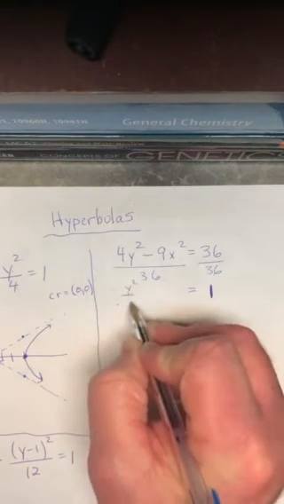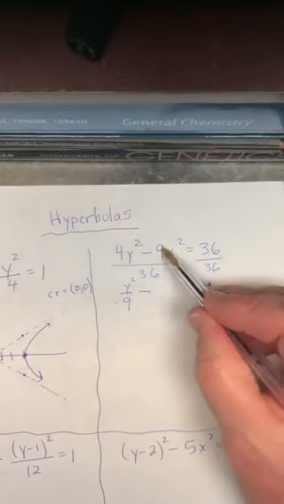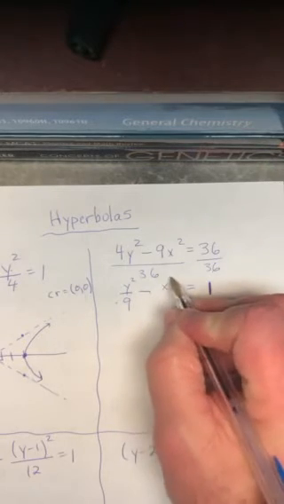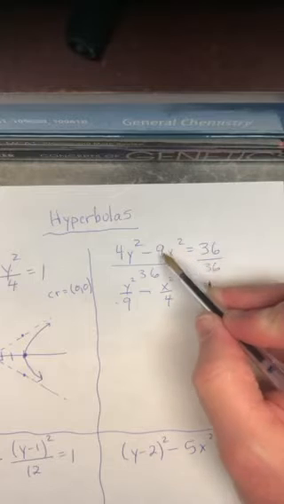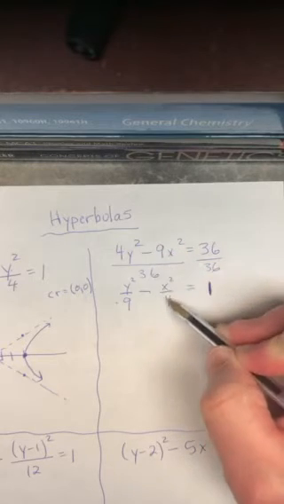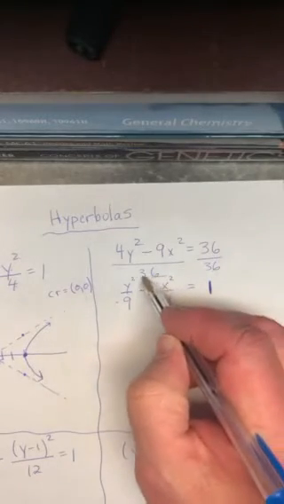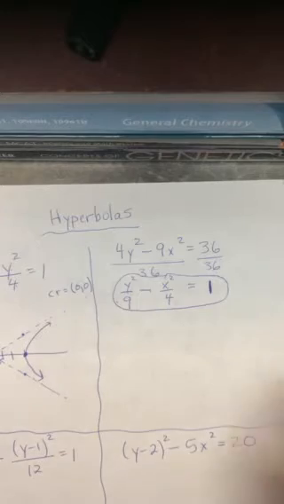So that's y squared over 9 minus, and then you've got 9 over 36 that I'm going to cross-cancel and get x squared over 4. Agreed? Because you cross out the 9, and 9 goes into 36 4 times. So you cross-cancel on the left, and you get this equation that's now written in standard form.